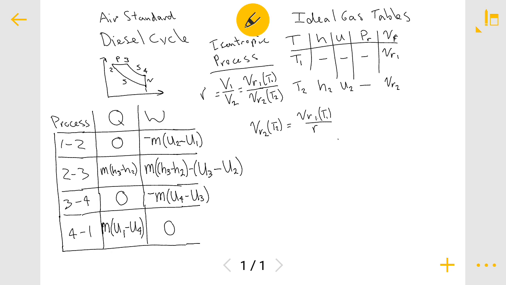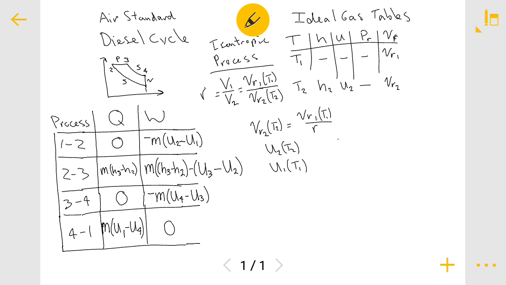So for process 1-2, once I know VR2, I would find U2, which is from the tables, a function of T2, which now I know, or I can make it a function of VR2 if I want. And then I can also find U1, and in this case it's directly from T1 that I can find it, without even finding VR.